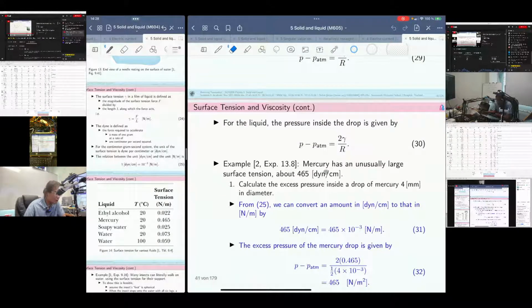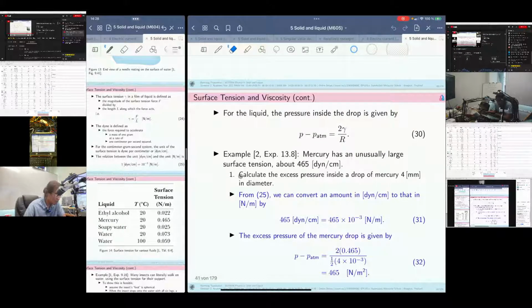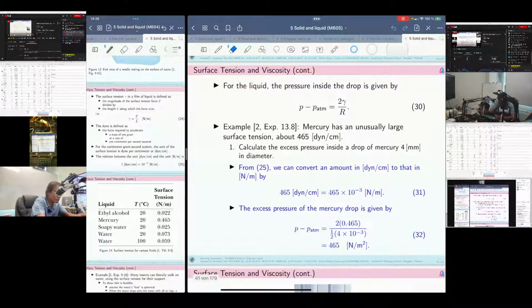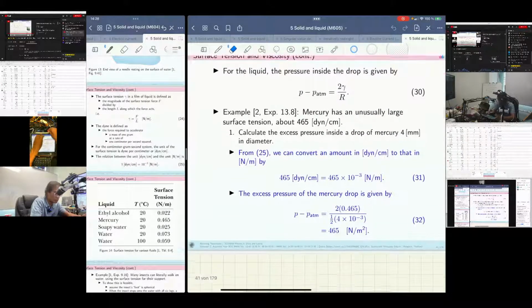Now we arrive at the question: calculate the excess pressure inside the drop of mercury. We have here the drop of mercury.